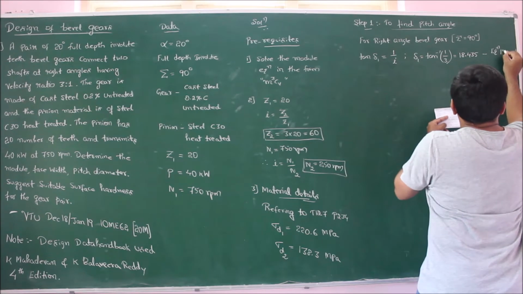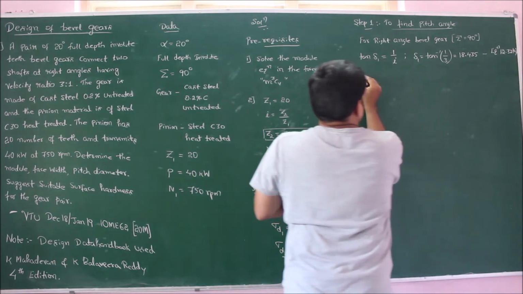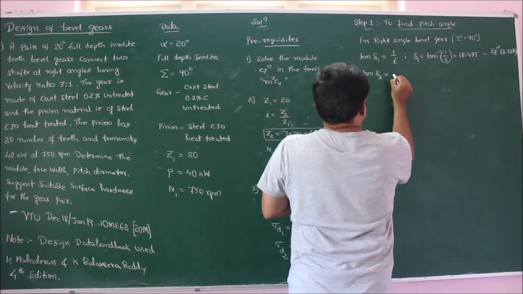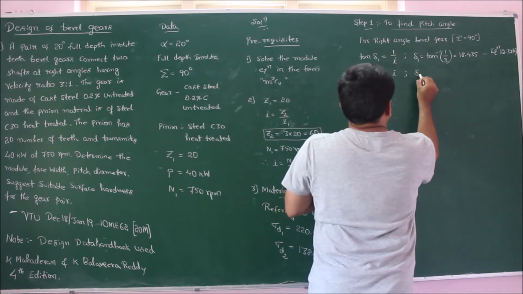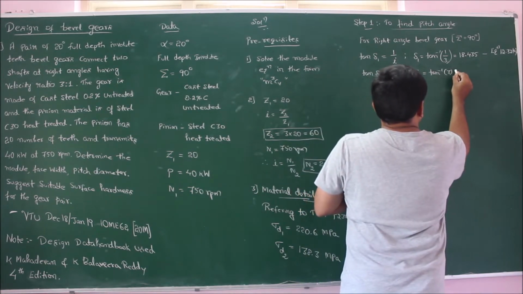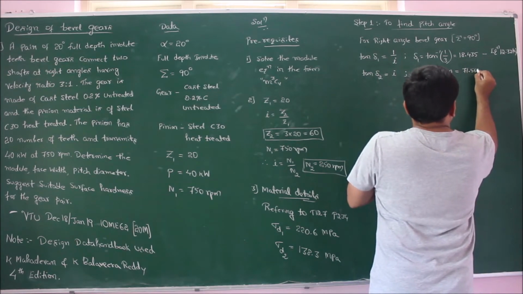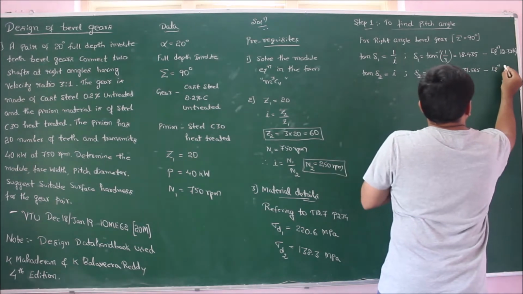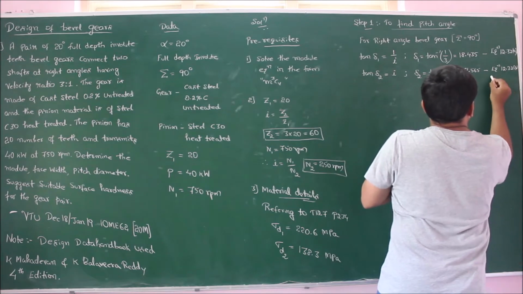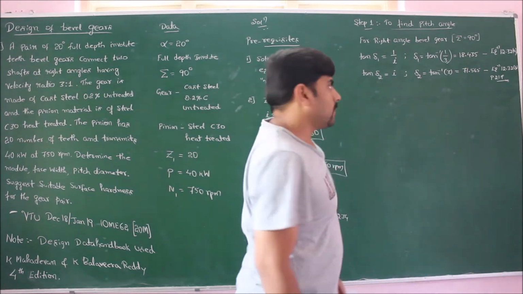This is equation 12.32a. For the pitch cone angle of gear, tan delta 2 is equal to I. Solving for delta 2, we get tan inverse of 3, which yields 71.565 degrees. This is equation 12.32b. Both are on page number 217 of our design data handbook.